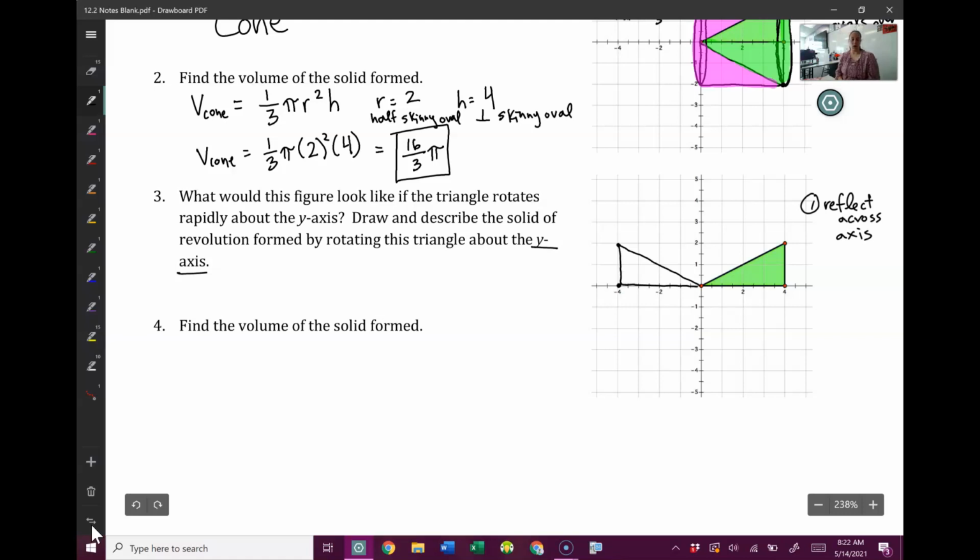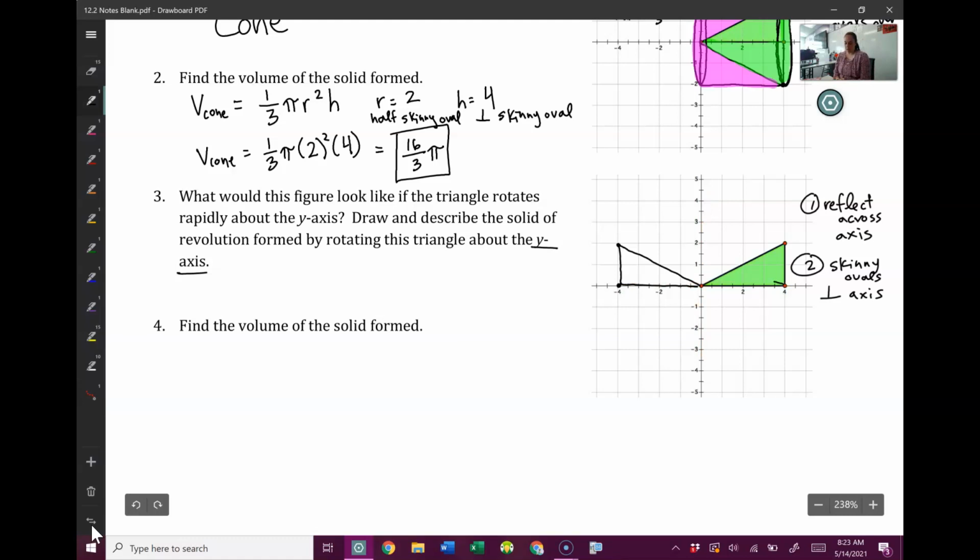Reflected across the y-axis, excuse me. And then step 2, I need my skinny ovals perpendicular to the axis. So here's the axis that I am rotating around. That means I'm going to want skinny ovals right there, perpendicular.